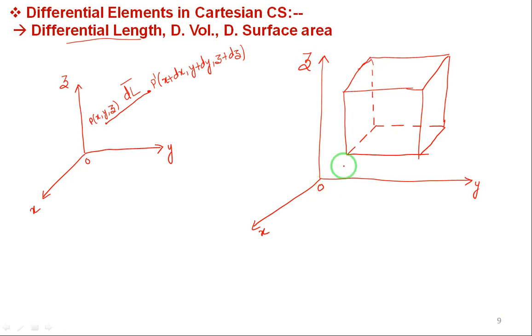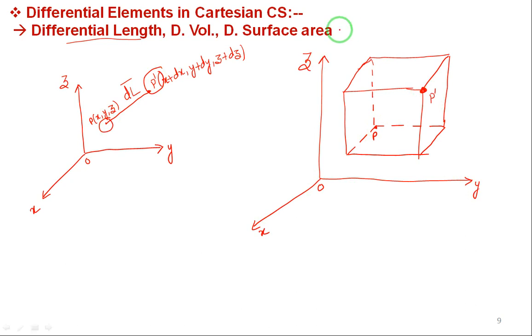So the origin is here. The point P is here, what I have shown in the first diagram, with coordinates x, y, z, and P dash. Observe here, point P is on the back face of the cubical structure and P dash is on the front face.